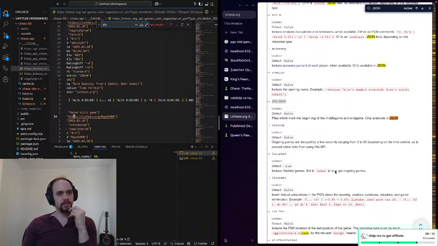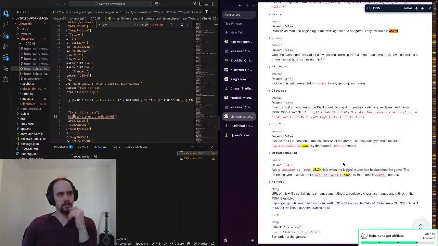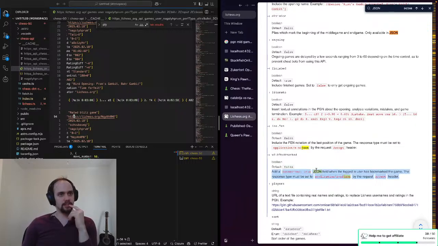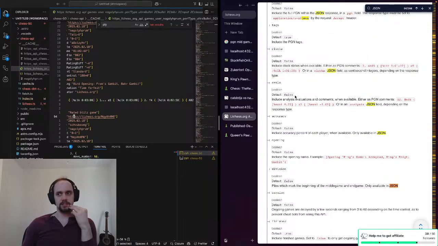Do you have a link or a screenshot that you can share? The thing is, I don't know how to make it JSON. Is it by setting PGN in JSON? Did you already cut off the part of the opening after the first few words, maybe?